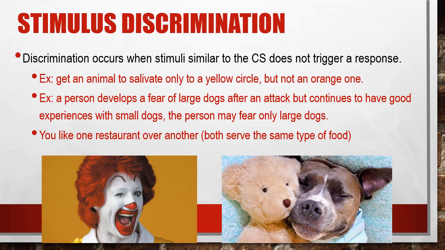Why is that one your favorite Thai restaurant? Think of all the Mexican restaurants you could go to. Why is that one your favorite Mexican restaurant? Think of all the Italian restaurants you could go to. Why is that one your favorite? Why is that your favorite coffee shop? You have discriminated that one of those is slightly above the others, even though they serve similar things.